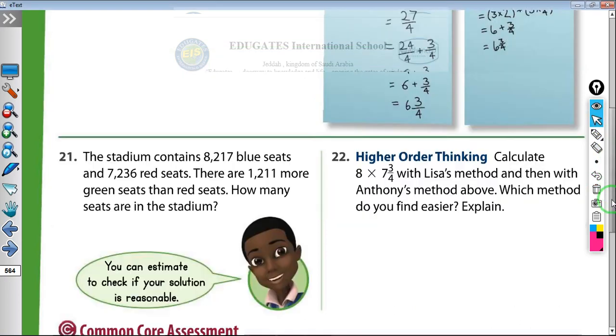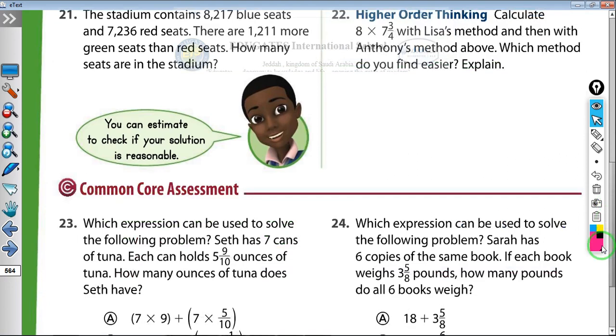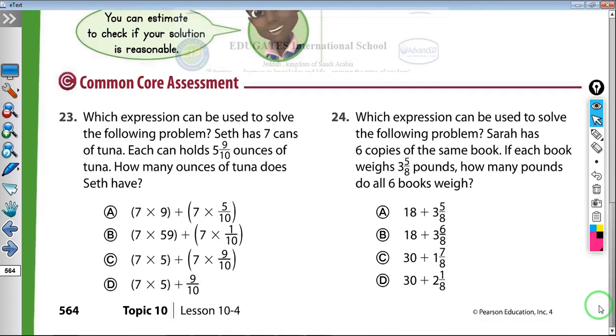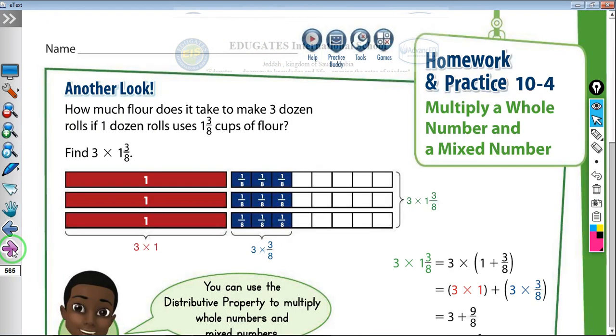I'll select some questions. Here, both by the other way that we didn't explain, we have to go to the homework. This is the page of the homework.